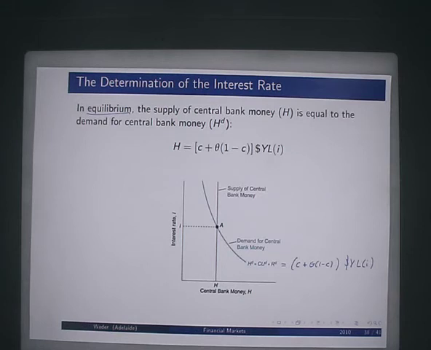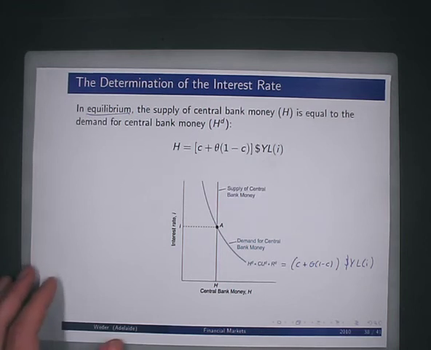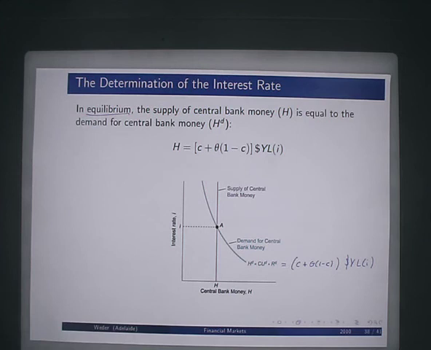Where all these terms here are constants, so C and theta are constants. This is exogenous again, the level of GDP, and it's a negative function still of the interest rate. So that's just a little bit more of a general model of the banking sector.